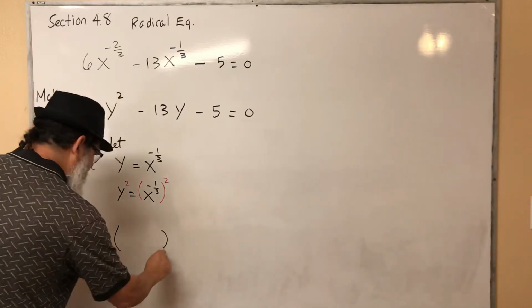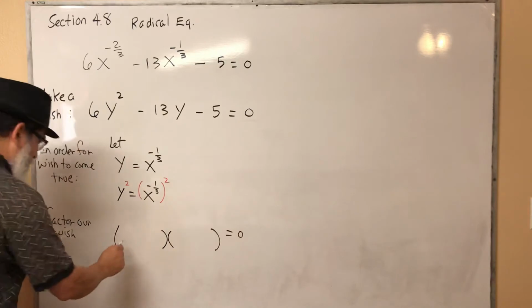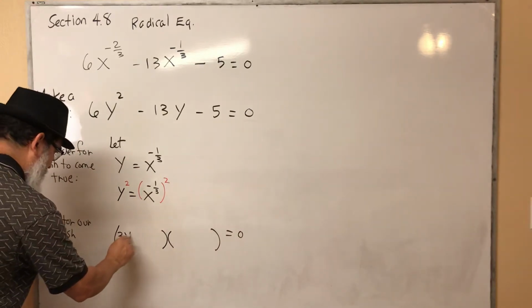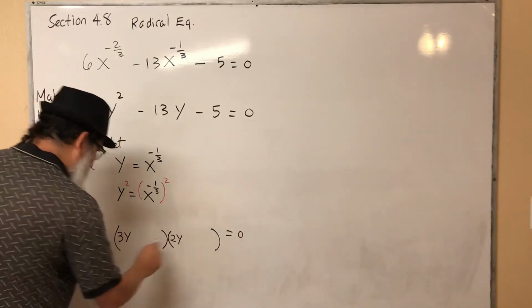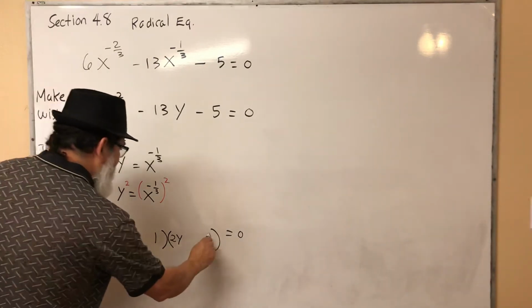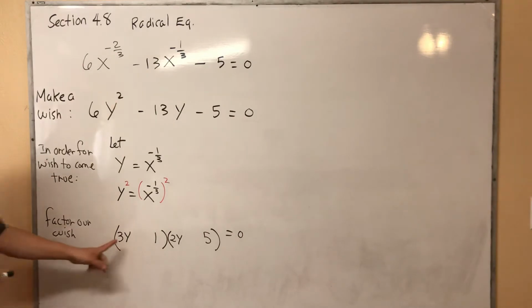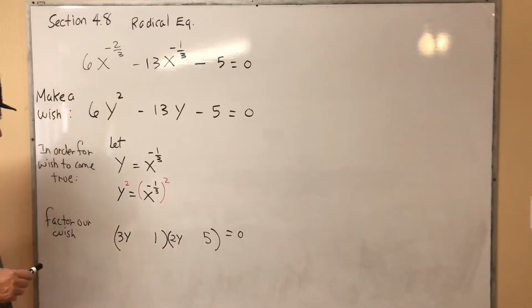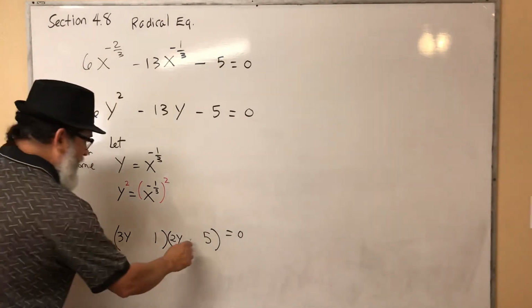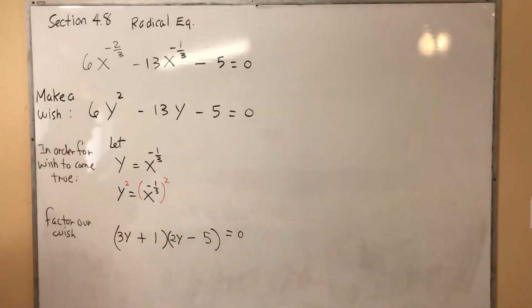We can do that. I'm going to say 3y times 2y. And I'm going to say 1 times 5. I know that 3y times 5 is 15y, so therefore I'm going to make this negative and this positive. And I'm going to check my work.